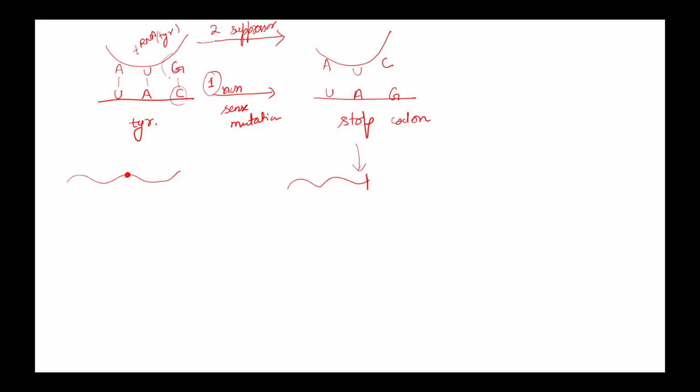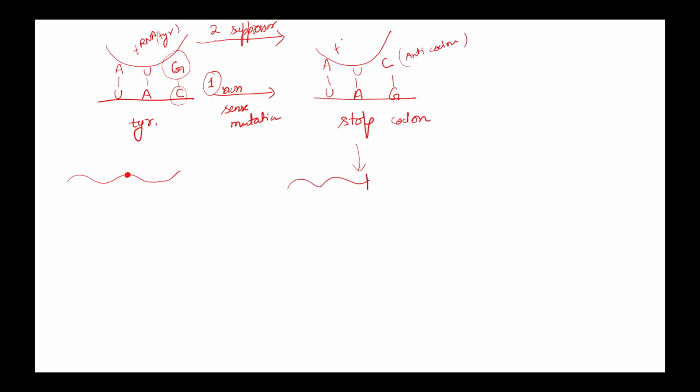So this G is now altered to C, and now this anticodon can bind to the altered stop codon.